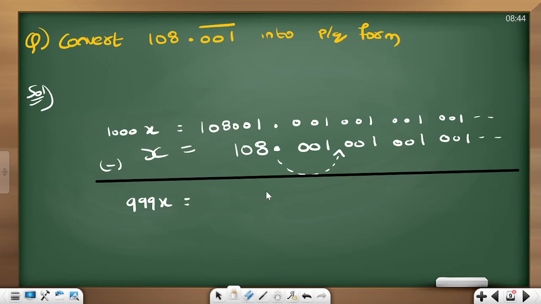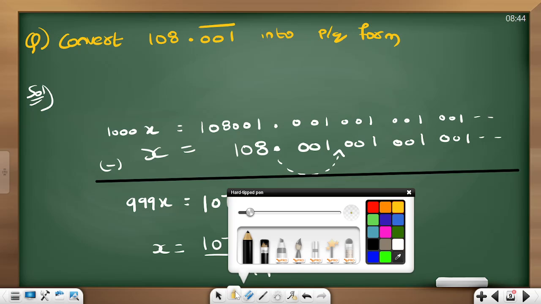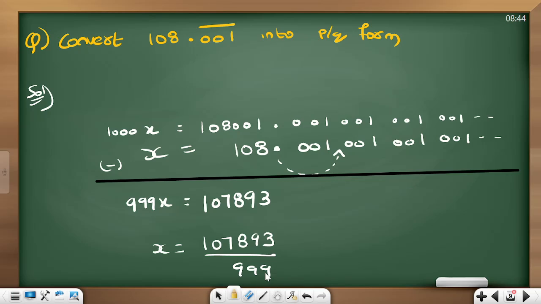So 11 minus 8, 3, 9, 8, 701. So your required P by Q format is 107,893 by 999.